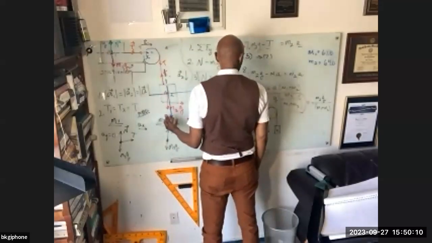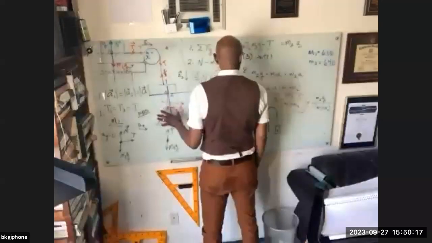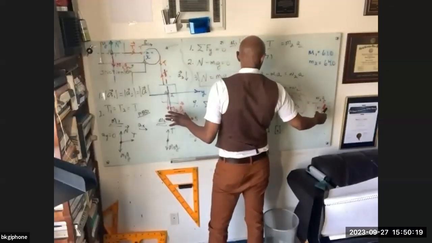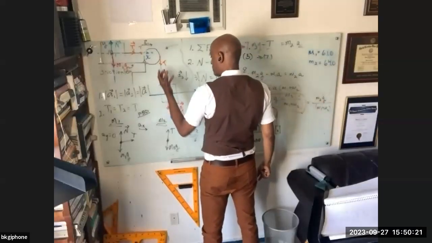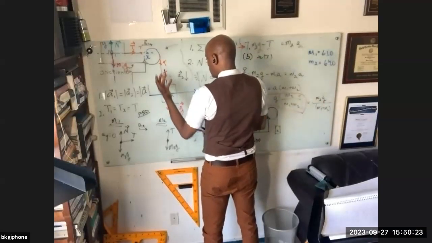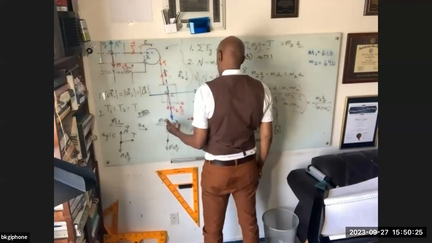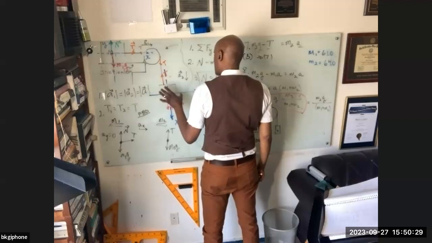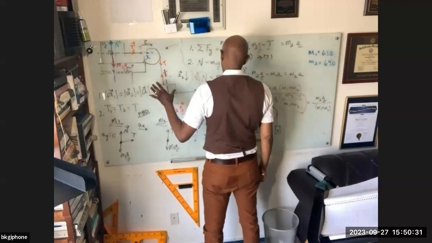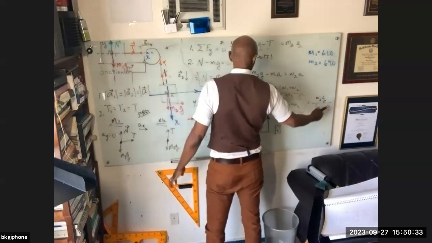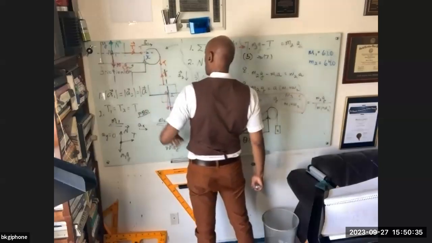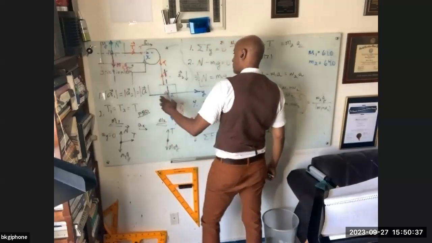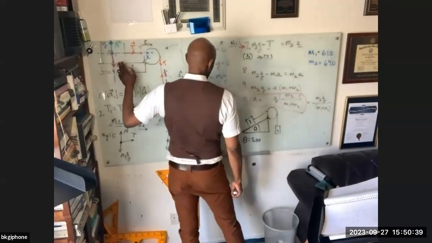The weight down is M2G, so that's the force on the system. But if it were just M2G, it would be free fall. If I cut the string, the weight is M2G and the inertia is M2. But here, you've got that same weight driving the overall system, normalized by the combined mass of all the parts of the system that have mass, your M1 and M2.